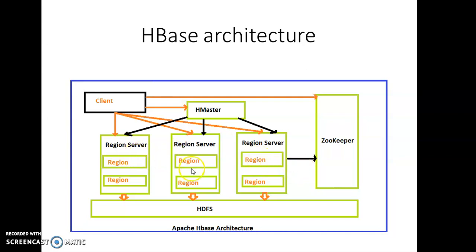HMaster assigns a region to each region server and in turn checks the health status of the region servers. In the entire architecture, we have multiple region servers. HLogs are present in region servers, which store all log files in the HBase architecture.